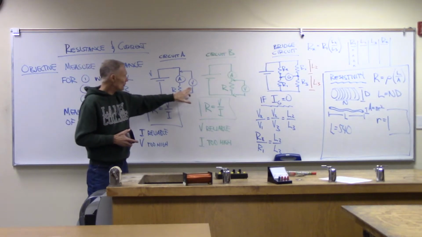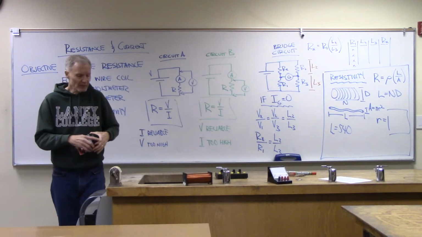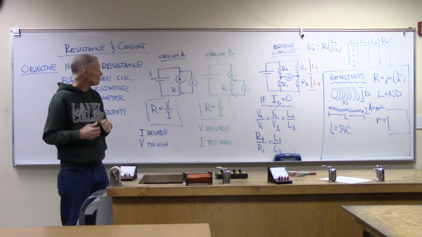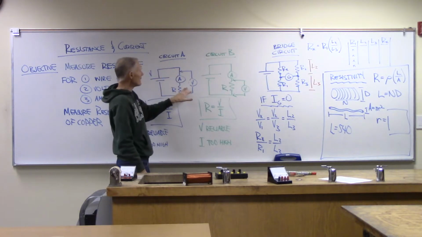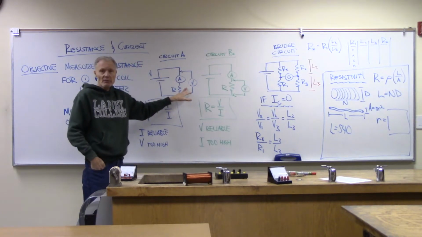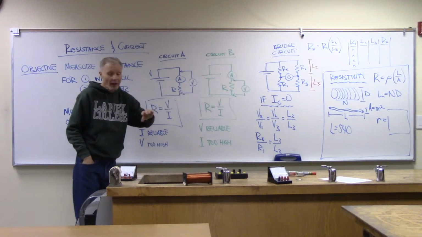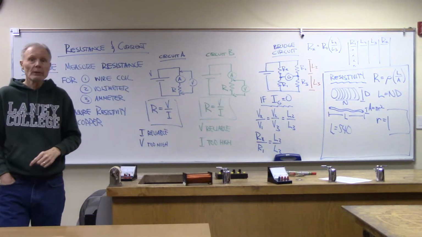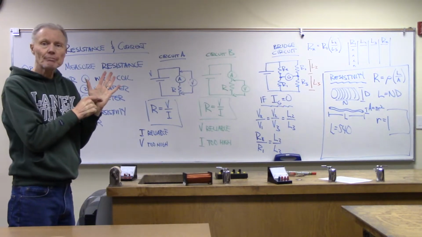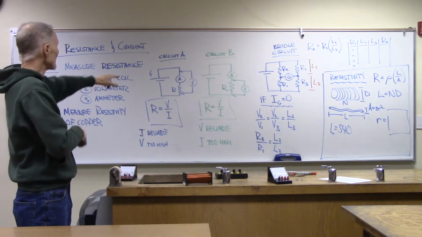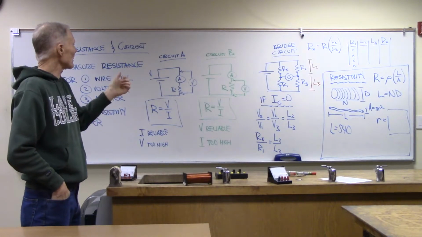Now, voltmeters are different. Voltmeters are designed so that I want a lot of resistance in the voltmeter, to make sure that very little current in the circuit goes through it. I don't want current going through the voltmeter. The voltmeter is going to be placed in parallel. In fact, I've emphasized that point by putting these little arrows in there.